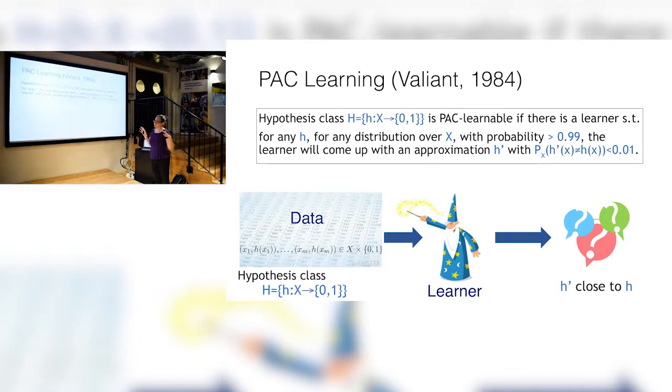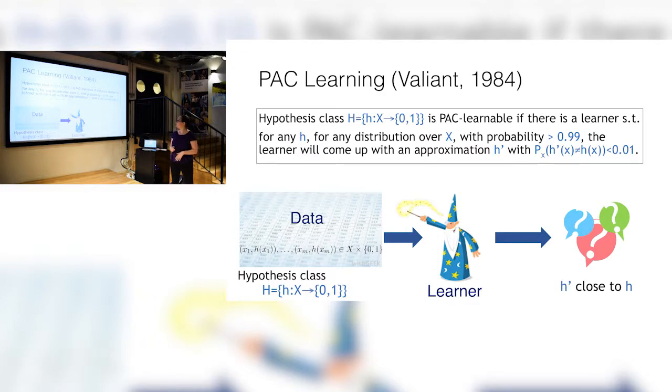When we have a hypothesis class, which is simply a set of possible explanations of the data, which means a set of functions from the examples to labels, our learning algorithm gets a lot of data that is labeled by some hypothesis in the class.